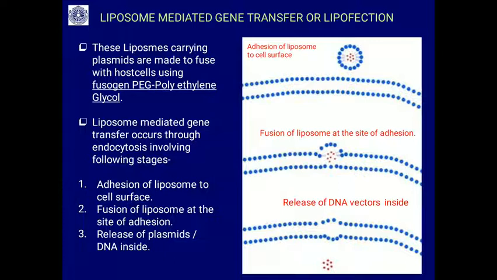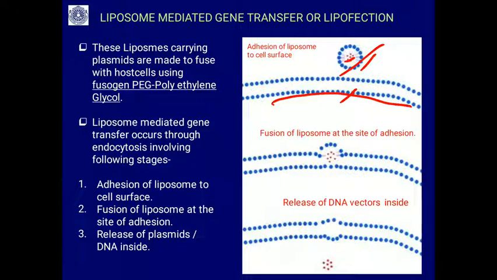So this is exactly how these liposomes carry plasmids, this is the liposome carrying plasmid inside. You can see how the liposome gets close to the host cell plasma membrane. It may be a bacterial cell, plant cell or animal cell. These liposomes carrying our gene of interest or vector can bind with the help of a fusogen, that is polyethylene glycol, you know that.